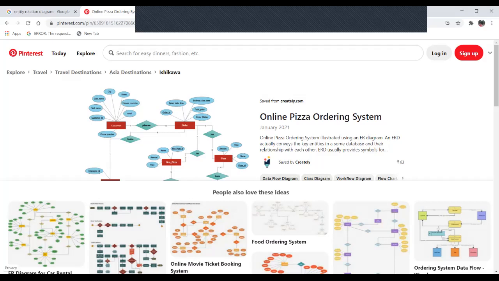Whenever you place order in Pizza Hut or KFC, they give you a slip, isn't it? In that slip, there is a customer ID, or sometimes in Pizza Hut they give you a token number 1, 2, 3 like that. Have you seen?